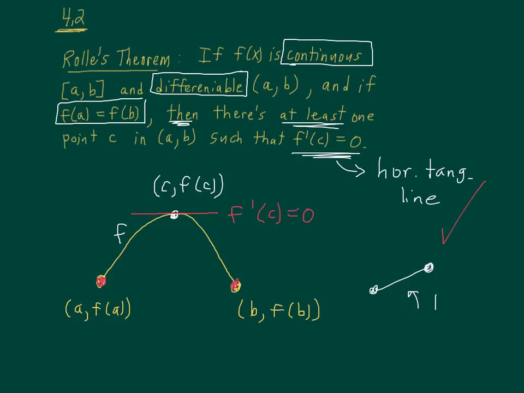So here, Rolle's theorem doesn't apply, because f of a is not equal to f of b. So there's no guarantee that a derivative would equal 0 in between. As you can see here, that's a positive slope everywhere. There's never going to be a horizontal tangent line.